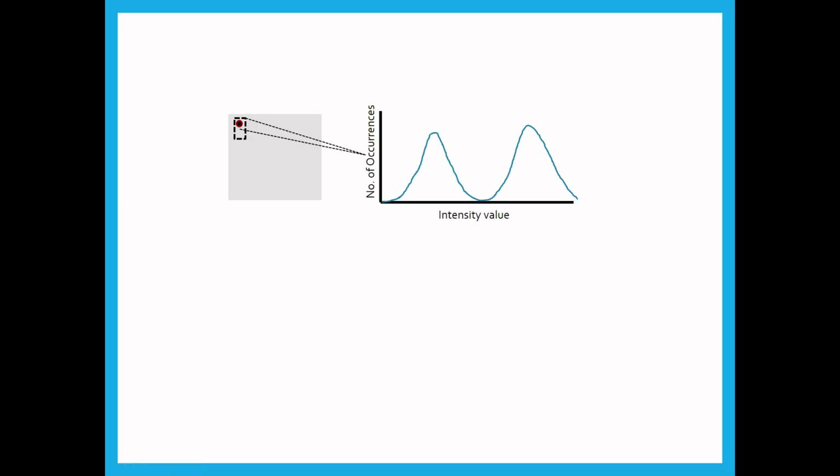So in a sense, what we are trying to do is, given an image with an object inside, if we plot a histogram of this object and the surrounding neighbor pixels, then we can clearly find a bimodal histogram.